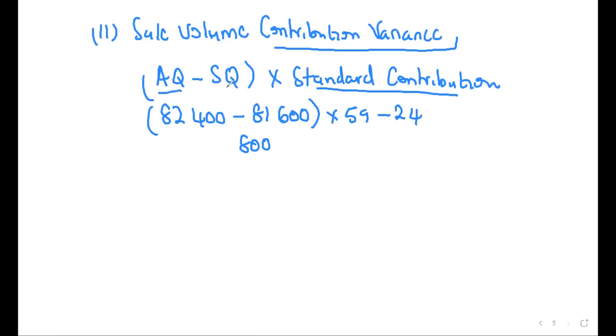Look at here. Is this part going to be favorable or unfavorable? It's favorable. Actual is greater than standard, so it's going to be favorable. So it's going to be 800 times (59 minus 24). It's going to be 35 here.